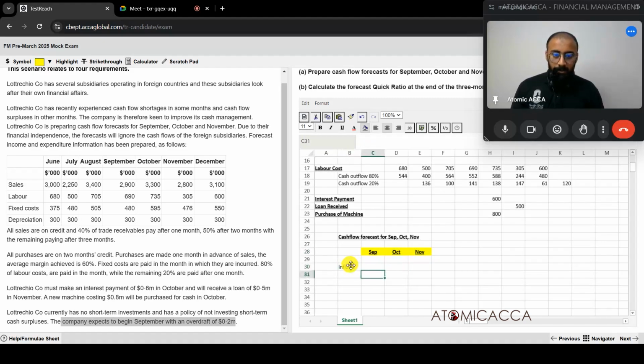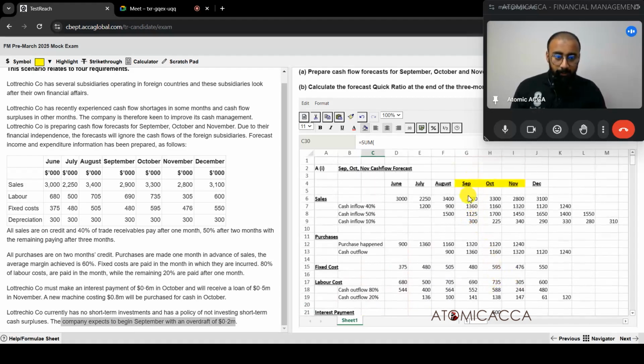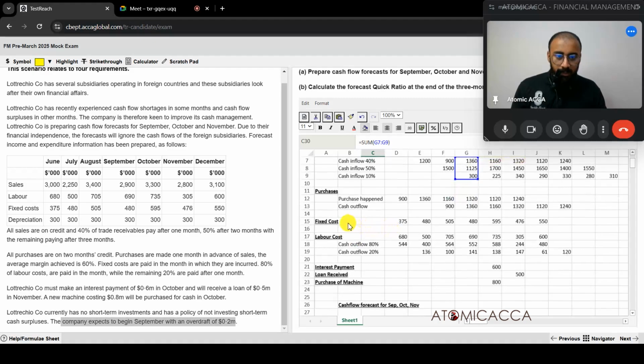inflows. For September, what all could be the inflows we have? If we go to the September month over here, sales is an inflow. So these three are inflows in September. Purchase is an outflow, fixed cost is an outflow, labor cost is an outflow, interest payment is an outflow, loan received is an inflow, but that's happening in the November month.